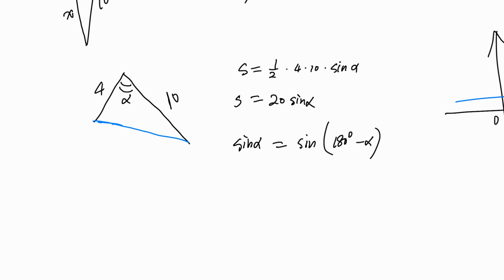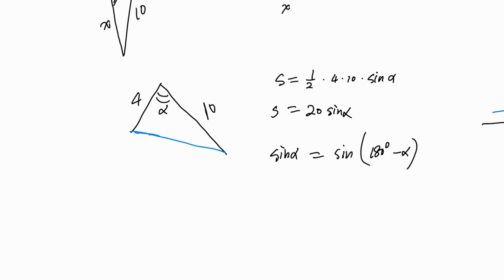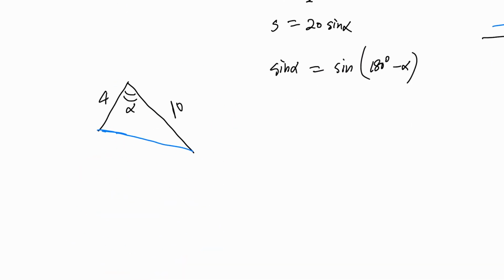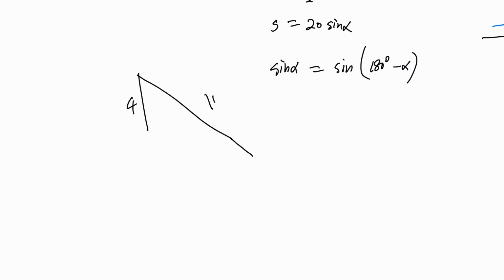So if we have this, we could also draw another triangle with another side of 4 and connect. We'll use a more extreme angle of alpha. So let's say we have 4 over here, let's say 10 over here, and this is the triangle we have.